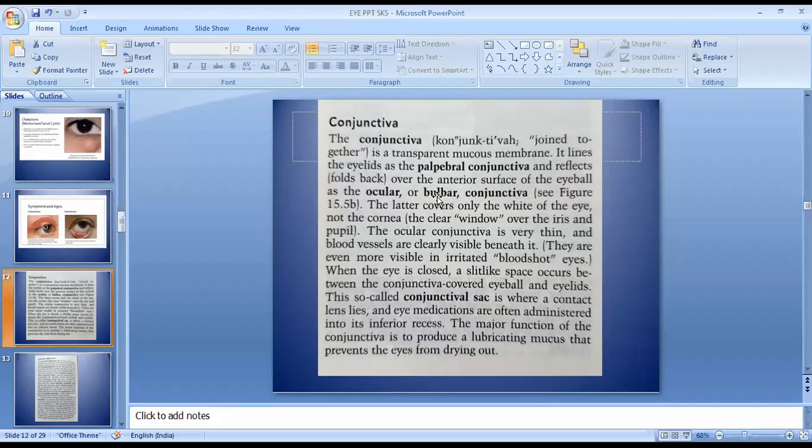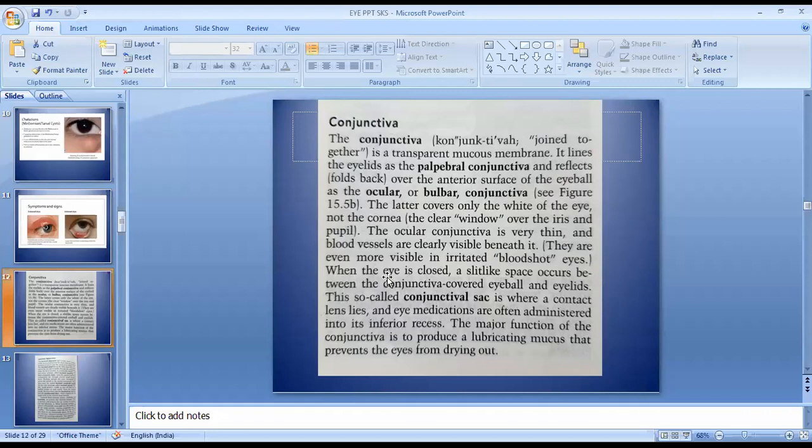The portion of the conjunctiva that covers the eyeball is called bulbar conjunctiva. The latter covers only the white of the eye, not the cornea. The ocular conjunctiva is very thin and blood vessels are clearly visible beneath it.